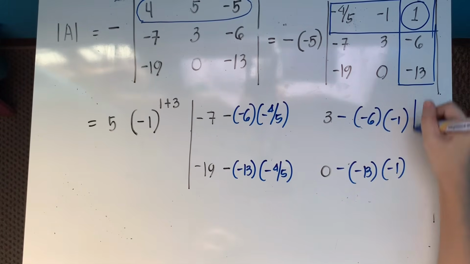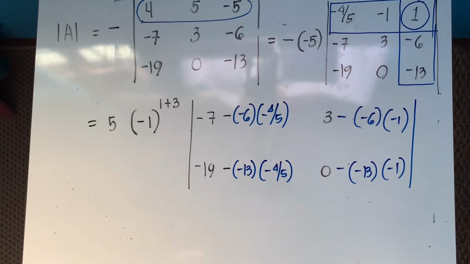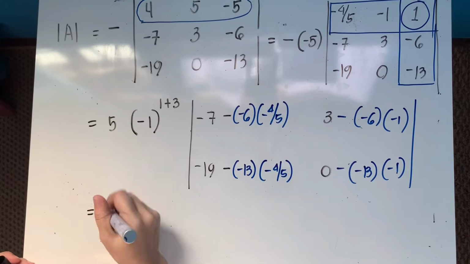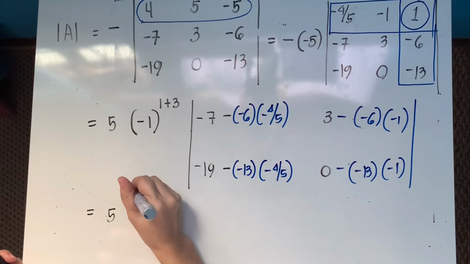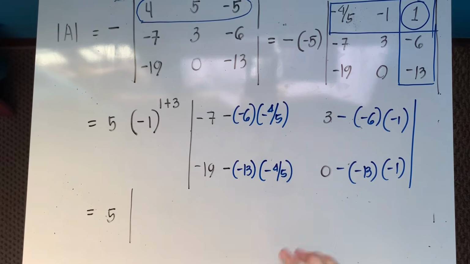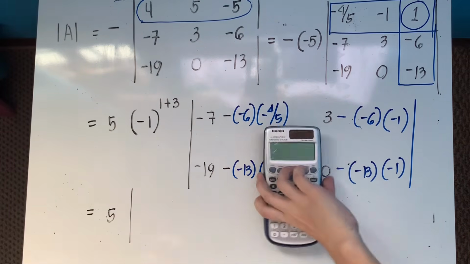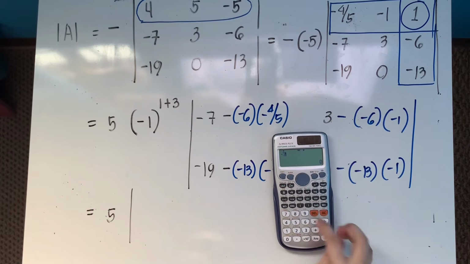And then you'll simplify your 2 by 2 determinant. So this will be equivalent to 5 times positive 1, so that's still positive 5, multiplied by a 2 by 2. So, let's use our calculator na to reduce errors. We have negative 7 minus negative 6 times negative 4 over 5. And that is negative 59 over 5.